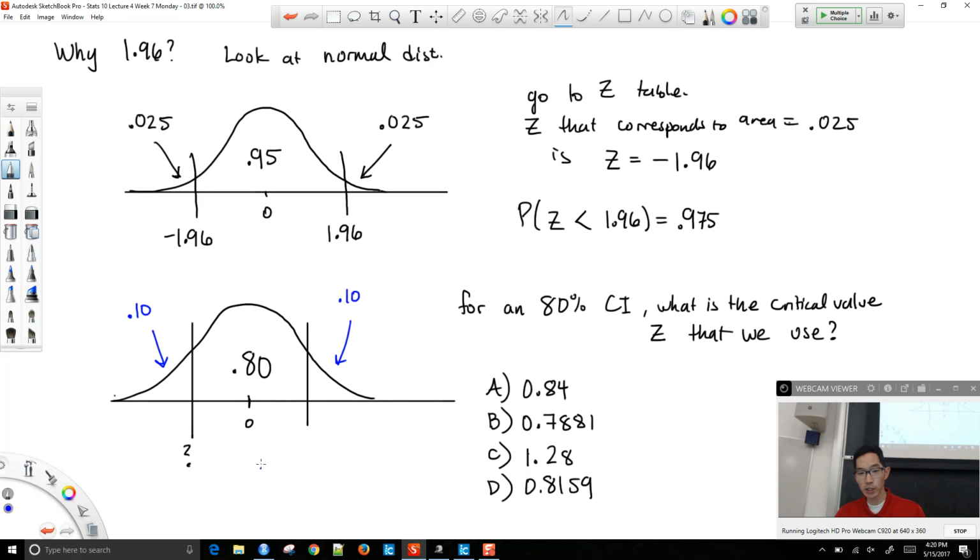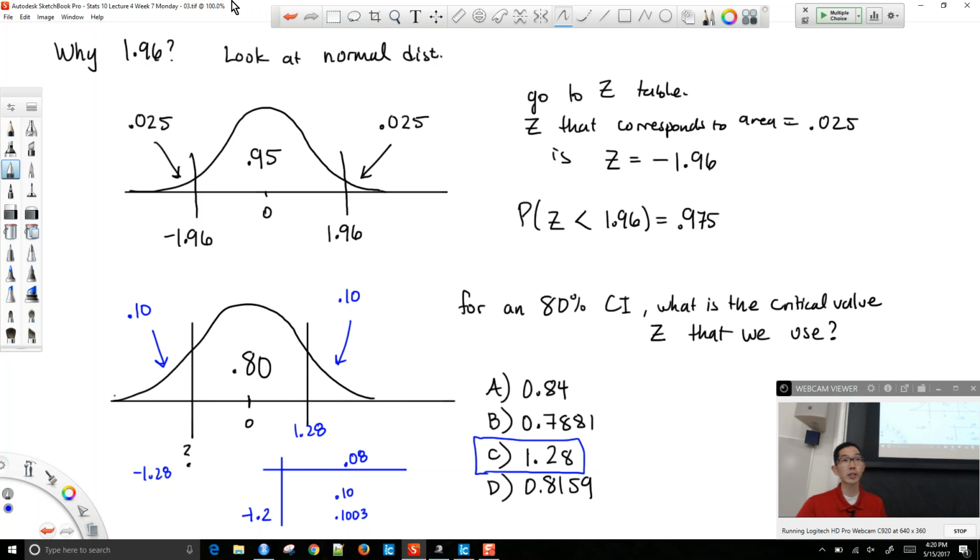And so looking into the z table to find the value closest to 10%, the value that I find is 0.1003. That's in the row negative 1.2 and the column 0.08. So the z that I use will be negative 1.28 and positive 1.28. So basically I just use 1.28 there. All right. Okay, is that good?